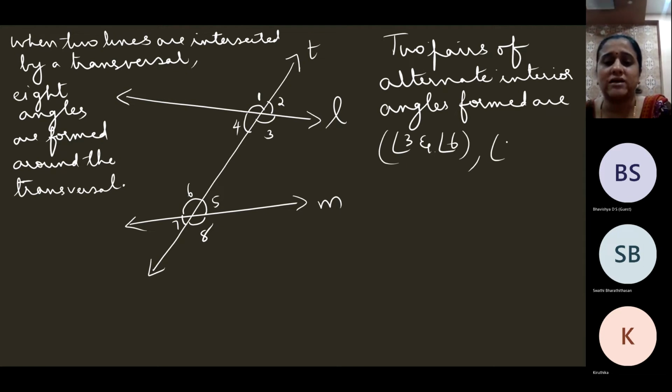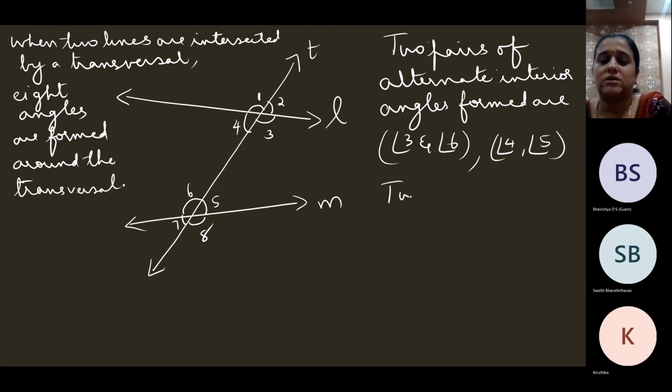And the other one is angle 4 and angle 5. You can see that 3 and 6 both are interior angles and they are alternate interior angles because they lie on either sides of the transversal. Similarly, 4 and 5, both of them are interior angles and they lie on either sides of the transversal.